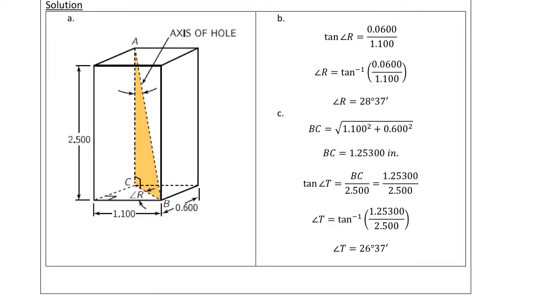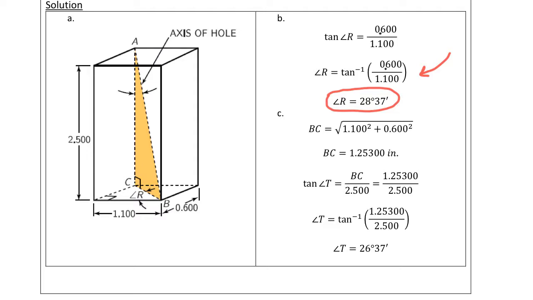And it looks like I put too many zeros in there. I will fix this in a moment. Okay, so here I fixed it. 0.6 divided by 1.1. To find R, take the tangent inverse and get that angle R, which is the angle of rotation, is 28 degrees and 37 minutes.